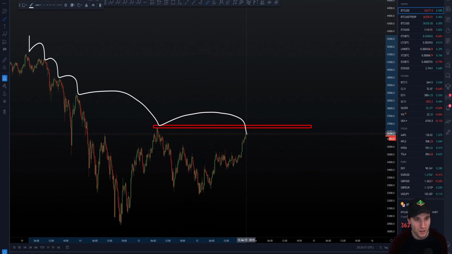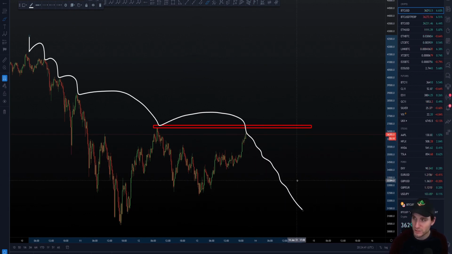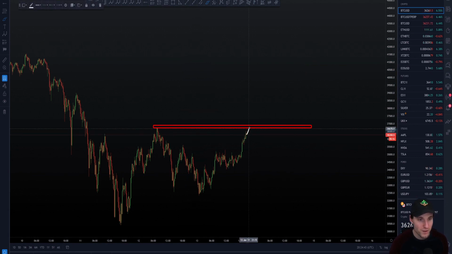So maybe this is our lower high and we do make our way back down here. That's potential. Alternatively, we actually flip this level. And if we flip that, I'm still looking at the same levels. I believe the first target would be $38,000. If we clear that, I'm looking towards $40,000. I think those are your two targets above you, $38,000 and $40,000.